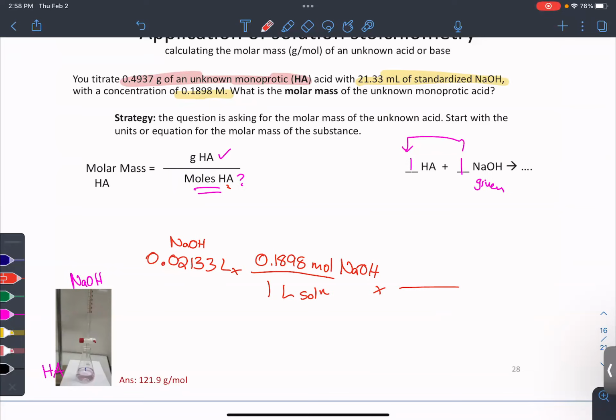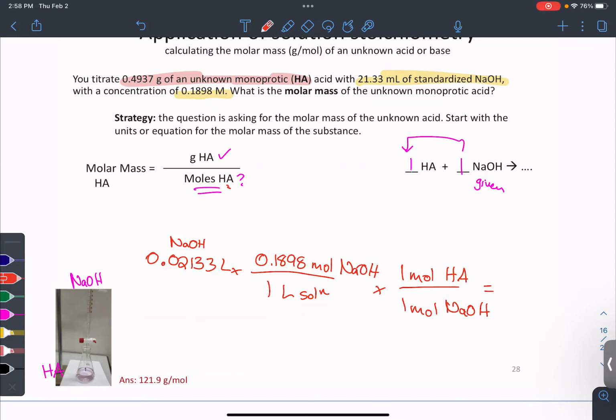But you might be thinking, Dr. N, it's just a 1-to-1 ratio, why do I need it? It's because sometimes you will need to actually put numbers in there, so I'm always consistent. Like in the next slide, it's not 1-to-1. Here, 1 mole of sodium hydroxide is 1 mole of HA. So using the volume and molarity of sodium hydroxide, we can get the mole amount of the unknown acid.